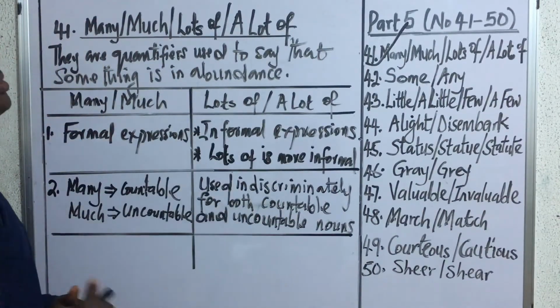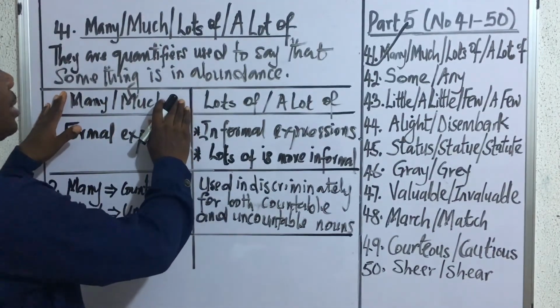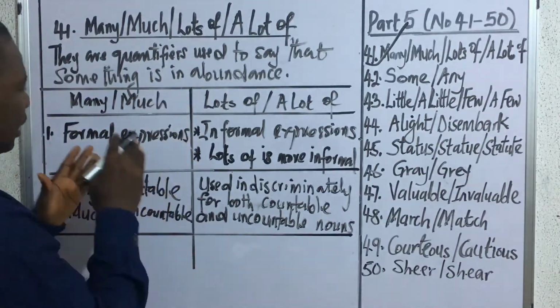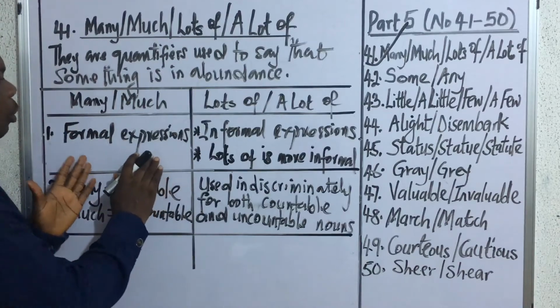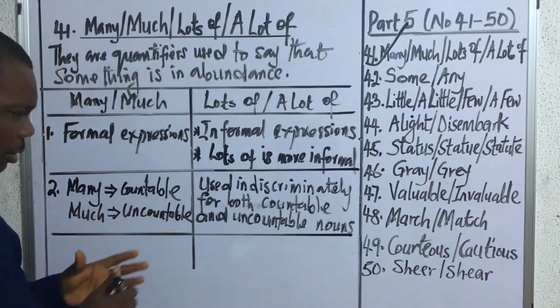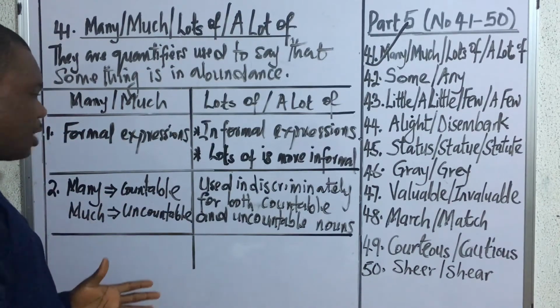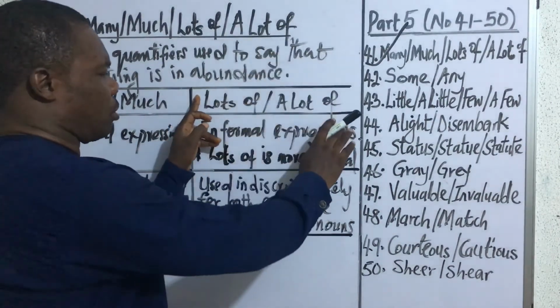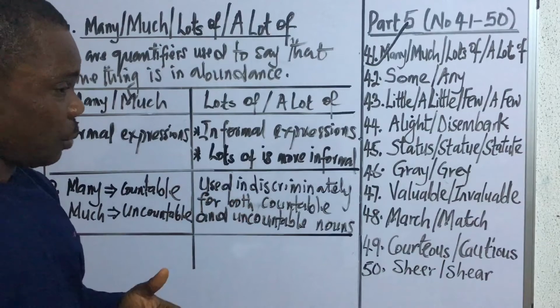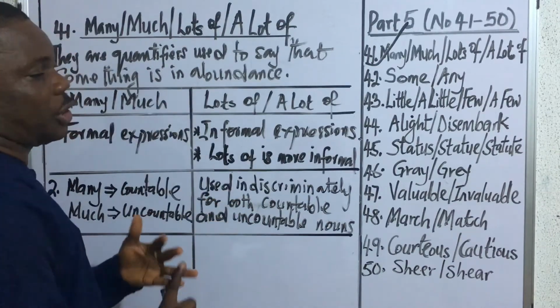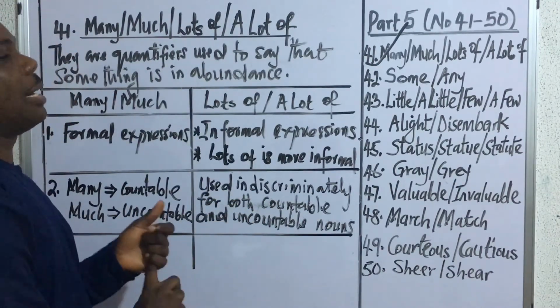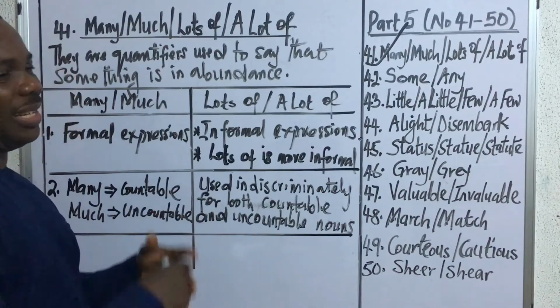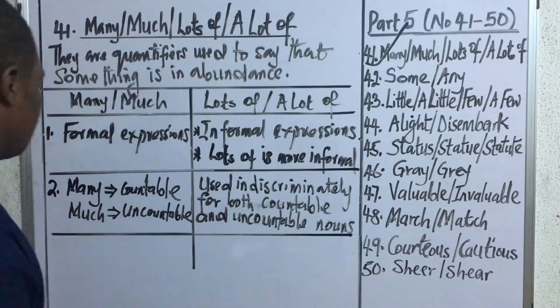Interrogative forms. Now, when we talk about many and much, we must understand that these quantifiers can only be used in interrogative expressions as well as in negative expressions. Whereas lots of and a lot of can be used in negative expressions, in affirmative expression, that is positive expression, and at the same time used in interrogative forms. All right.